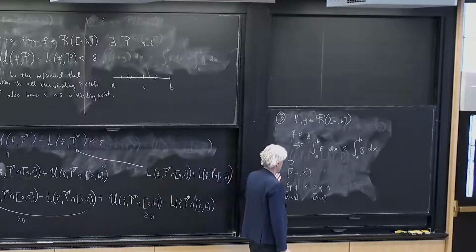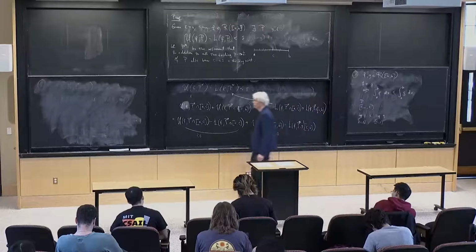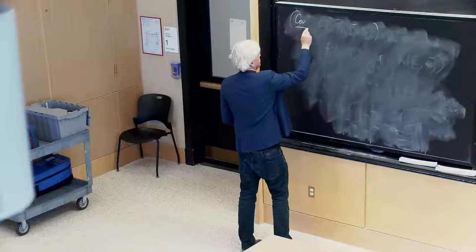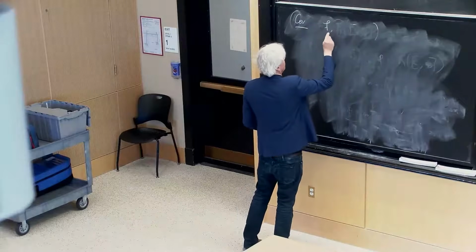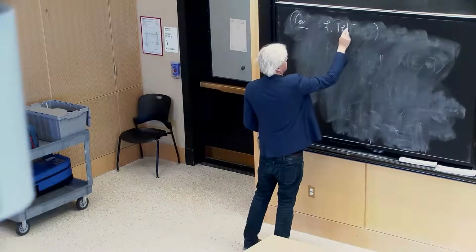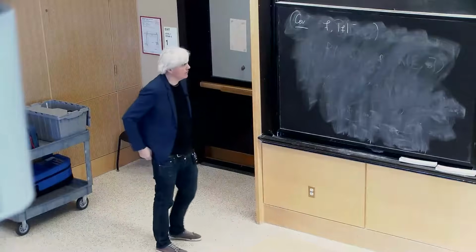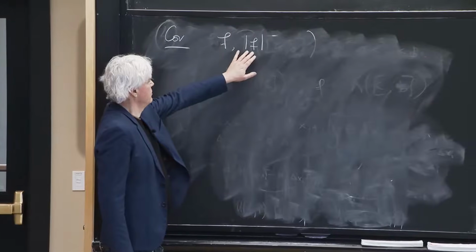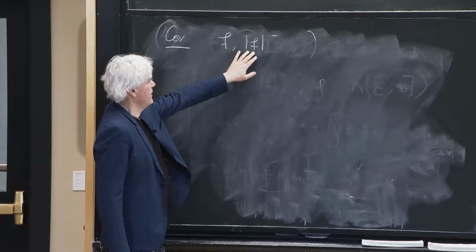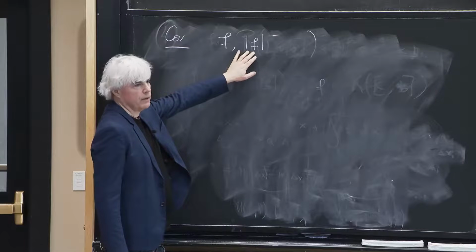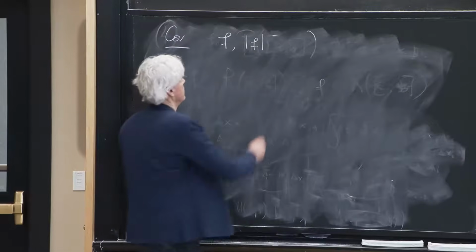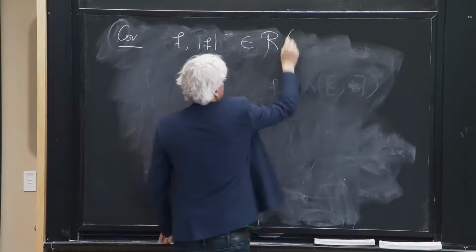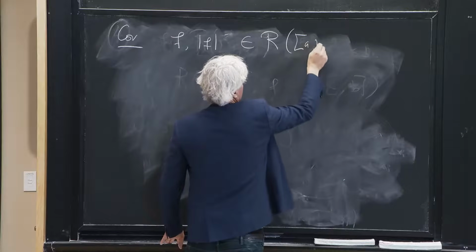So I want to talk about a corollary of this one here. So now I have a function f. I'm assuming both the function and the function that is the absolute value. The function that is the absolute value means that at each point, instead of looking at f of x, I'm looking at the absolute value of f of x. So I'm assuming that both of these functions are Riemann integrable on this interval from a to b.